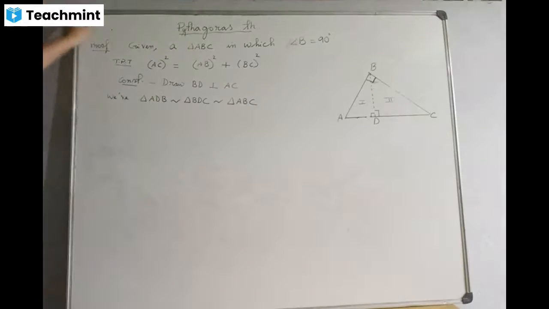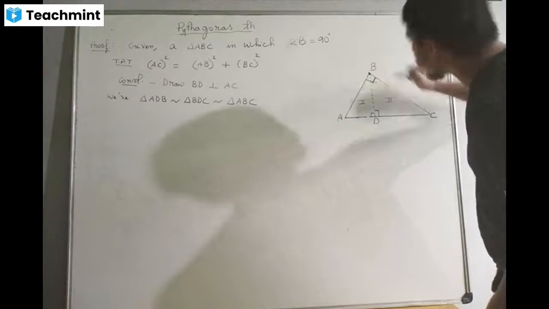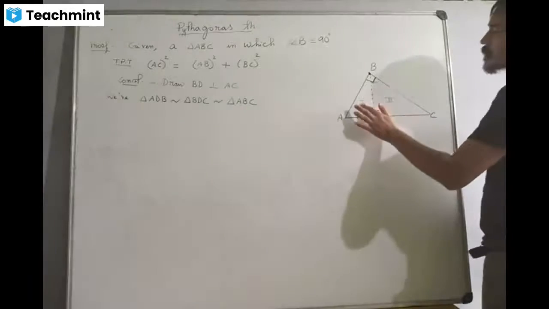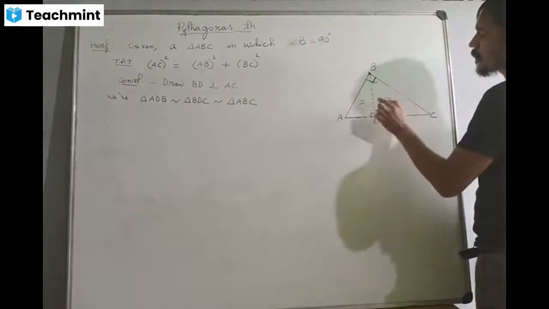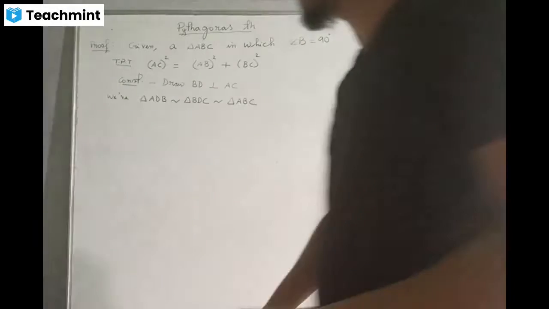Why? Because if a perpendicular is drawn from the vertex of the right angle up to the hypotenuse, then the triangles obtained on both sides of the perpendicular are similar to each other and to the whole triangle.